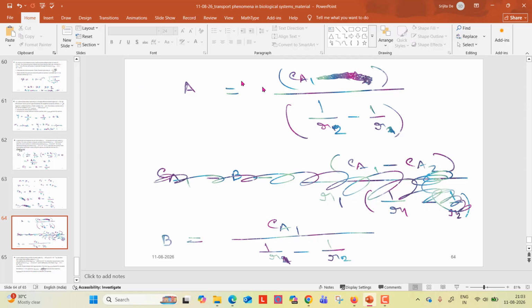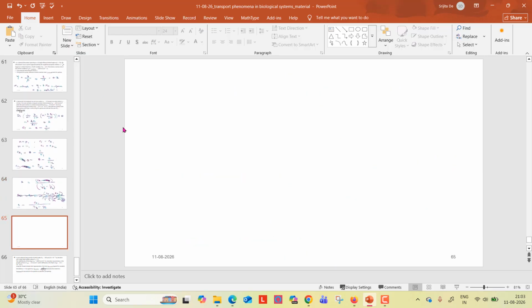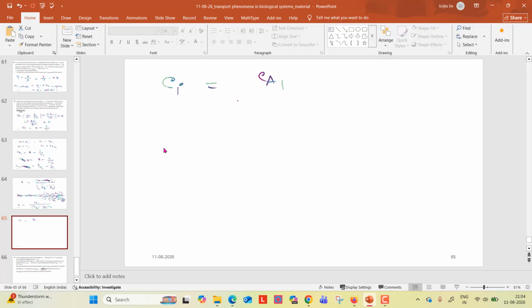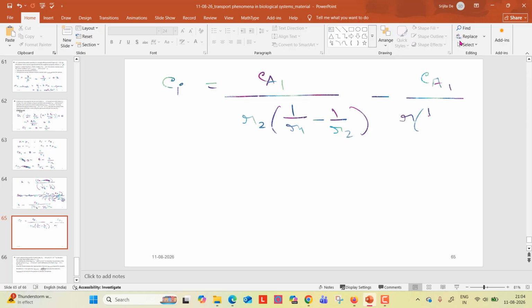So next, the C expression will be CA1 by R2, 1 by R1 minus R2, minus CA1 divided by R into 1 by R2 minus R1.